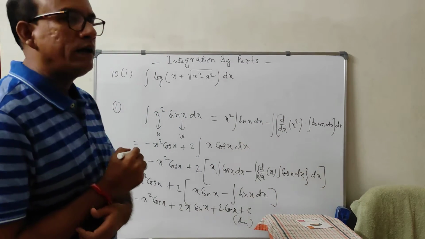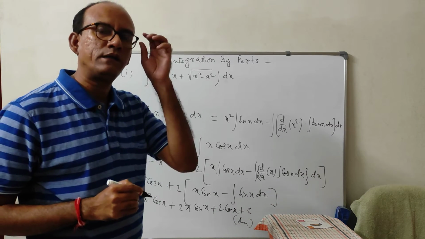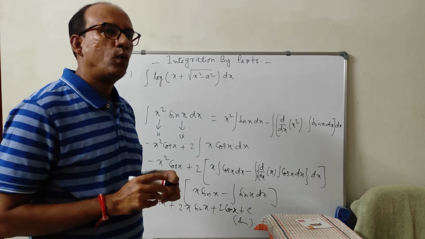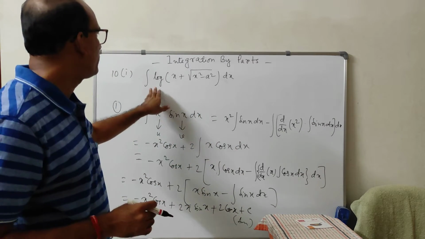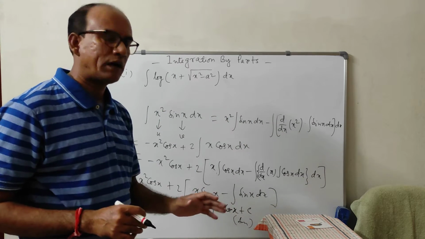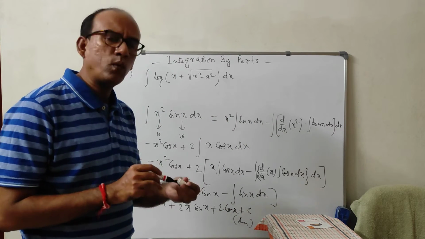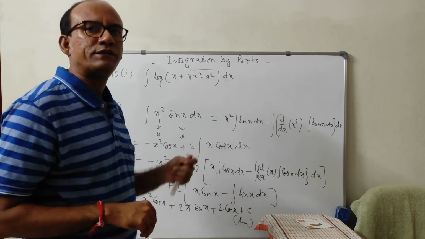See, I discussed different types of integrals where we need to apply integration by parts. This is a logarithmic function, and before integration by parts, there was no rule to integrate any logarithmic function.